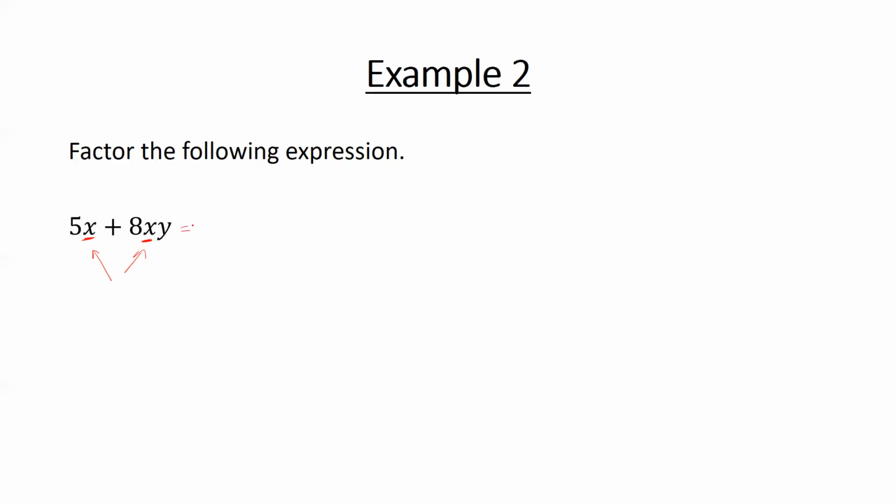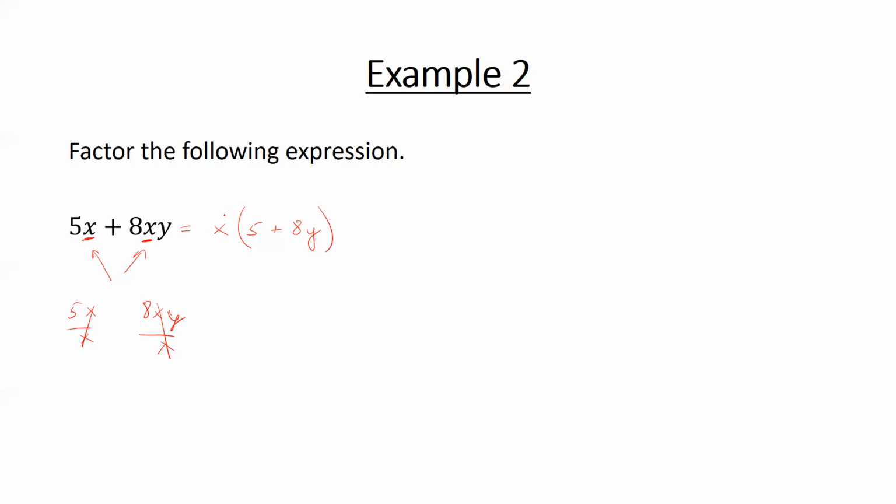And so that's the thing that we can factor out. When we divide each term by x, if we divide 5x by x, we're left with 5. And if we divide 8xy by x, x is canceled and we're just left with 8y. And so our answer is x times 5 plus 8y.